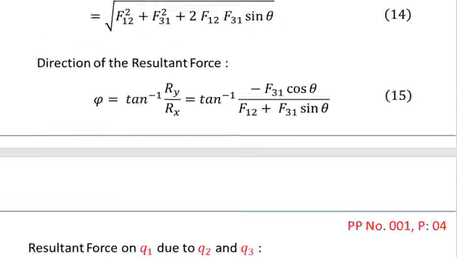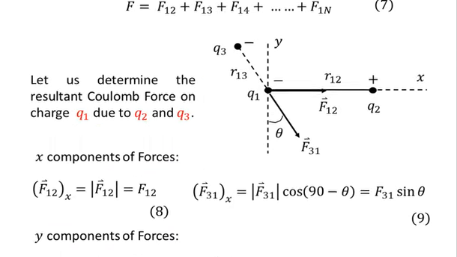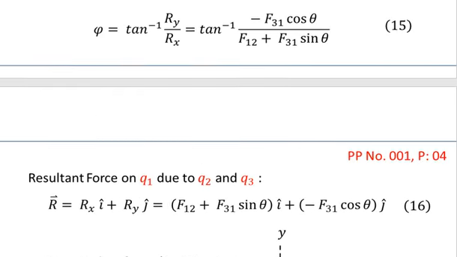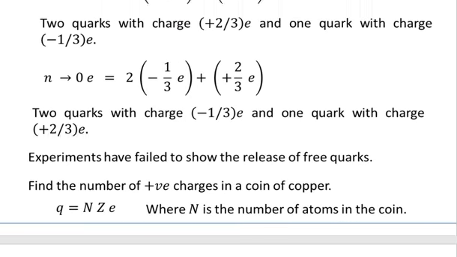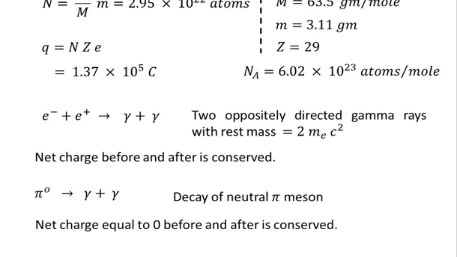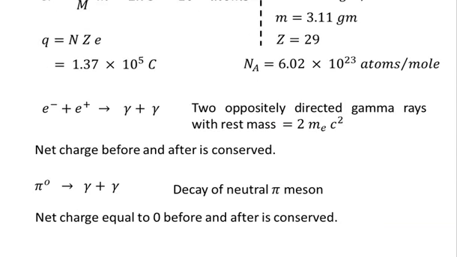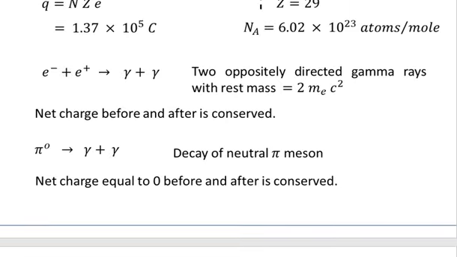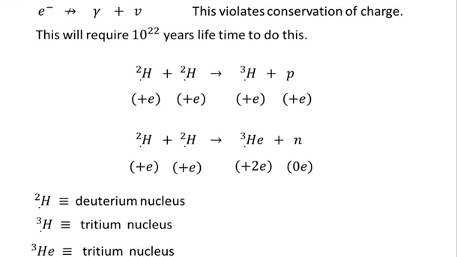So you see that in today's lecture, I have covered some basics. I have covered Coulomb's law. I have explained the conservation of charge by giving some simple examples: the decay of the neutron into a proton, a combination of electron and positron, the decay of the pi meson, and the decay of other particles also.